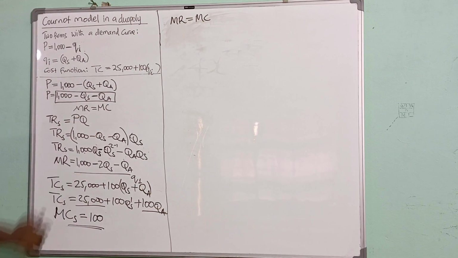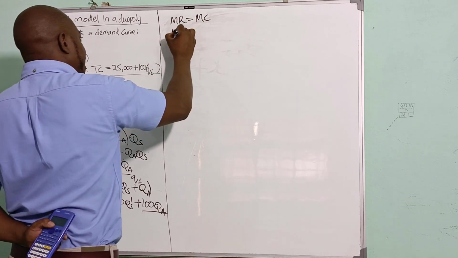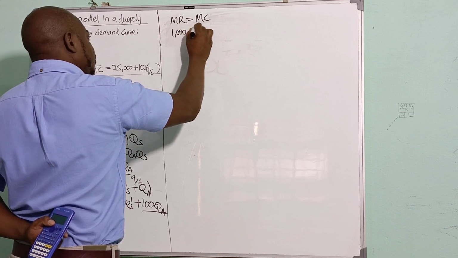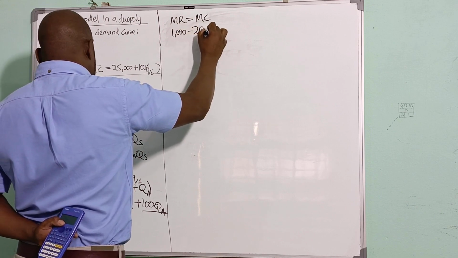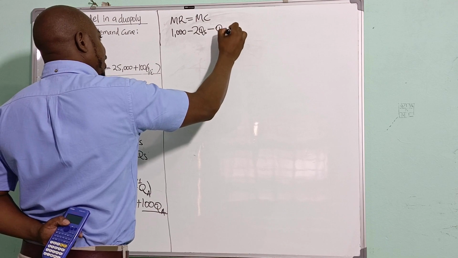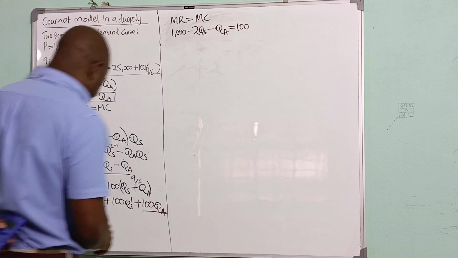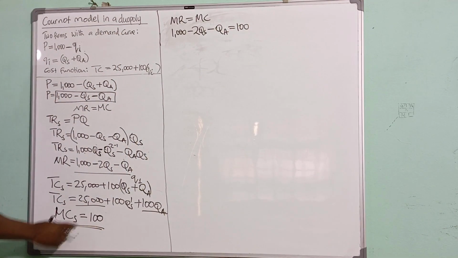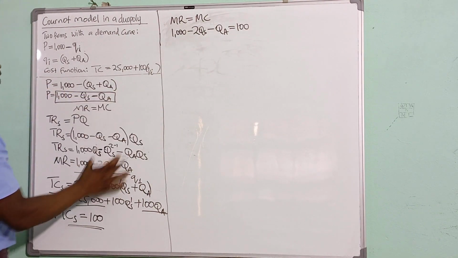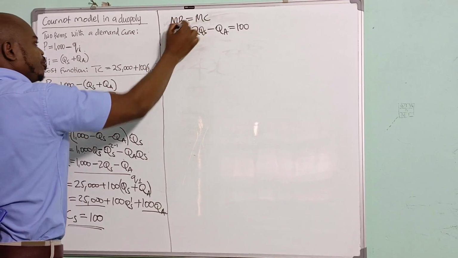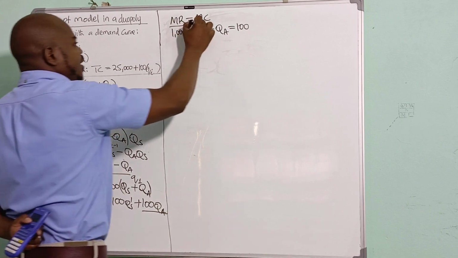So I have a 1000 here minus 2QS minus QA is equal to 100. 100 is my marginal cost there. My marginal revenue, I've just indicated it there to replace that. My marginal cost to replace that.